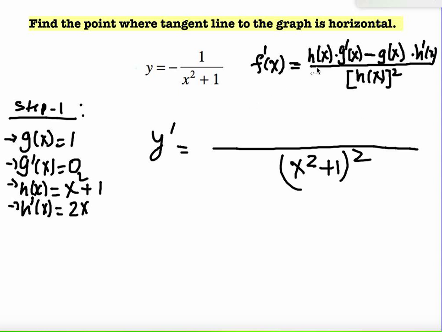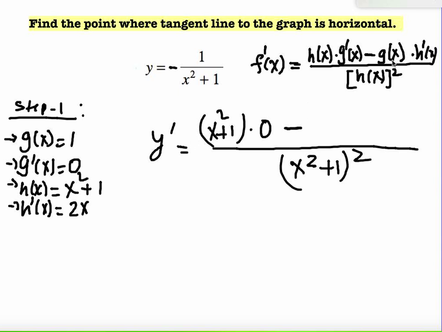And then in the numerator I have h of x times g prime of x. h of x is x squared plus 1 times g prime of x, which is 0, minus, oh, remember there's a negative sign in front of it. So when we do all this, we have to put a negative sign in front of our final answer. So let's take care of that a little later, but let's just plug it in.